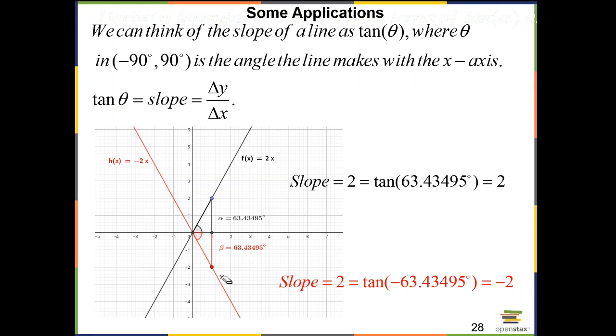And for the red one, the same thing. The angle that it makes is negative. It should be negative here, 63 something. And if you put the slope, tangent of negative 63 point something would be negative 2, which is the slope of this line, right? All right, so that's the connection between the slope and tangent of the angle that the line makes with the positive x-axis.